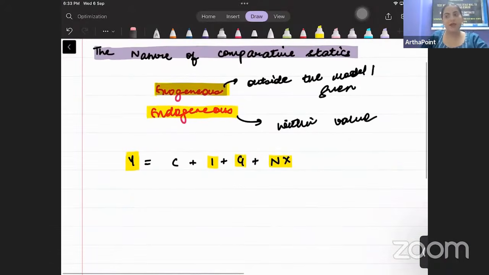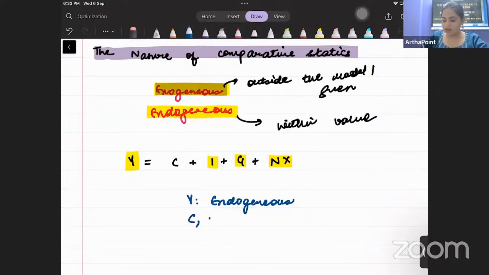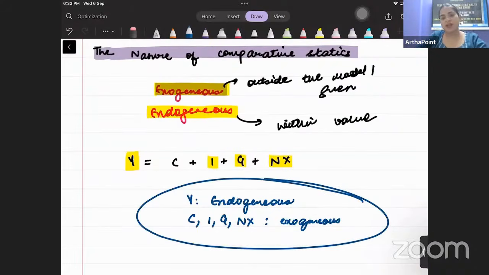So what is determined within the model? Y is determined within the model. So Y is endogenous. And other things like C, I, G, NX, these beta are exogenous. Is this clear? One is endogenous, one is exogenous.